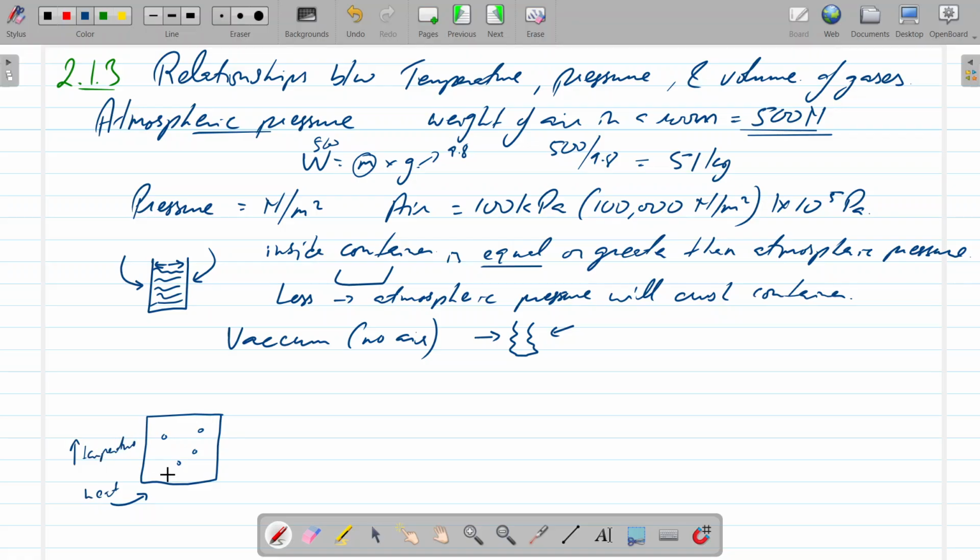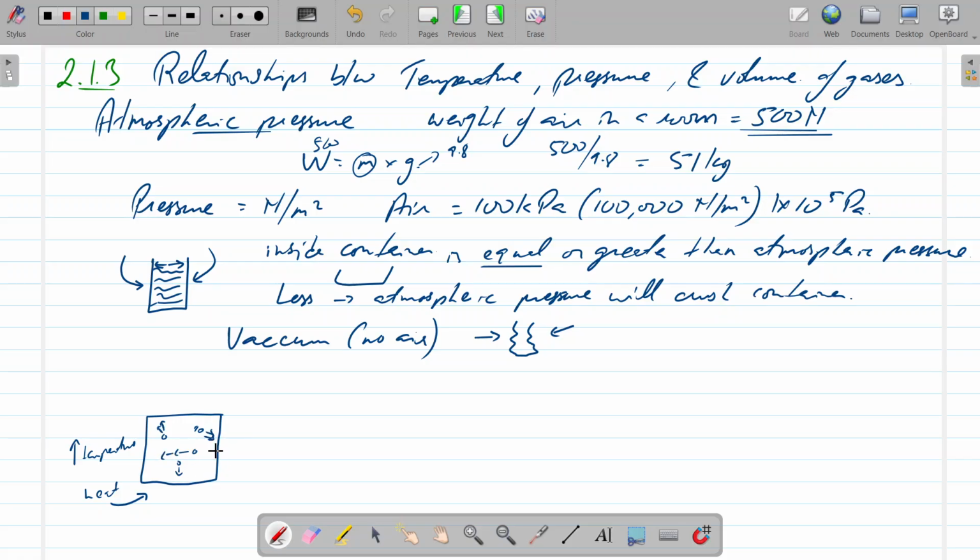Now, before providing heat, obviously, the particles are moving randomly, right? And they have certain energy. So when you're providing heat and the temperature is increasing, they will move faster, right?